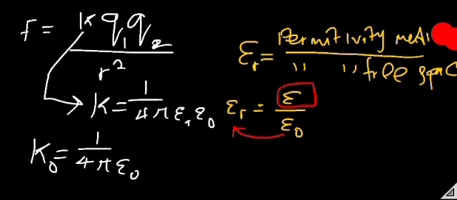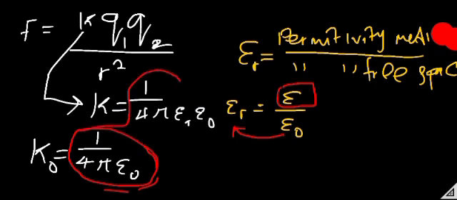Now, if I replace it with epsilon naught, when you take a very close look at this equation, you will discover that we have 4 pi epsilon naught here, and also 1 over 4 pi epsilon naught up here again.